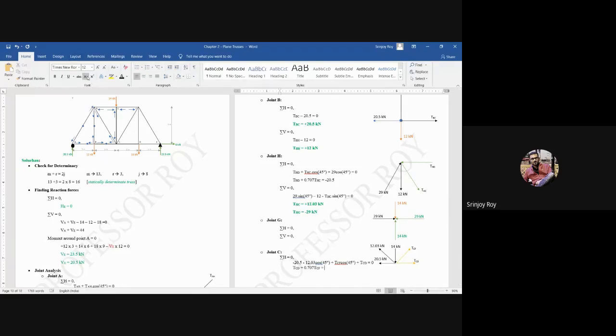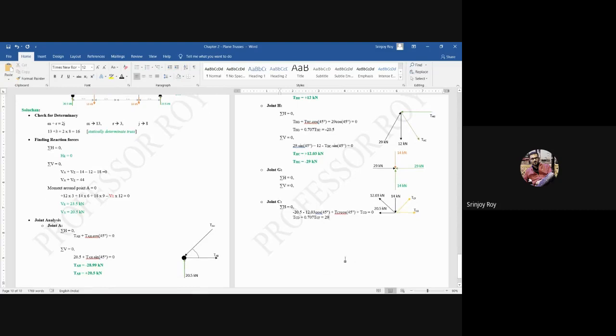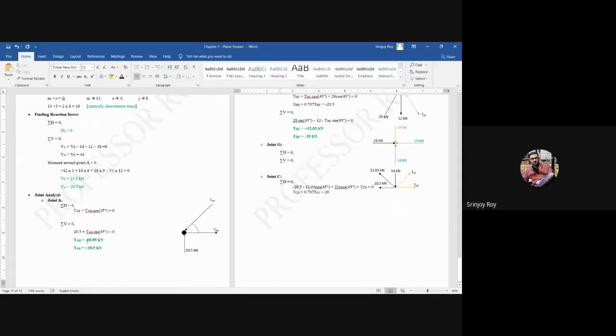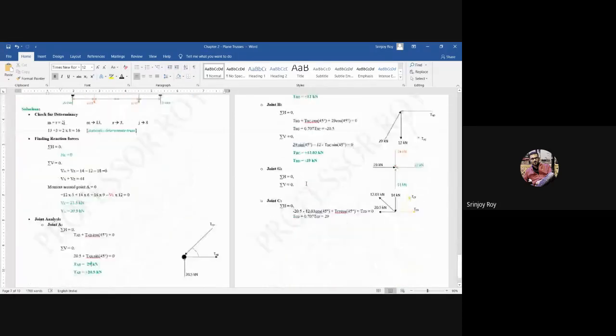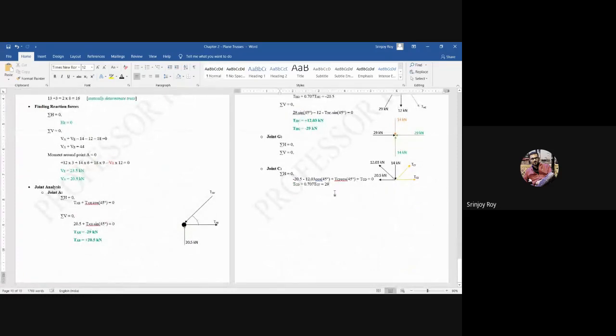So it is equal to 29.006. Just consider it as 29; you don't have to consider 0.0000. Similar is the case over here. Let us consider 29 kilograms over here. TAH 29. Okay, that's one done.